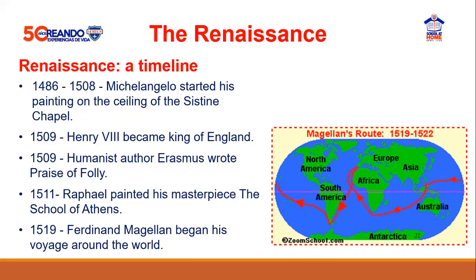He started in Spain and he traveled west around the Patagonia, and he arrived to the Philippines. He died in the Philippines, but his crew continued sailing until they arrived back to Spain, going around South Africa, the tip of the African continent.